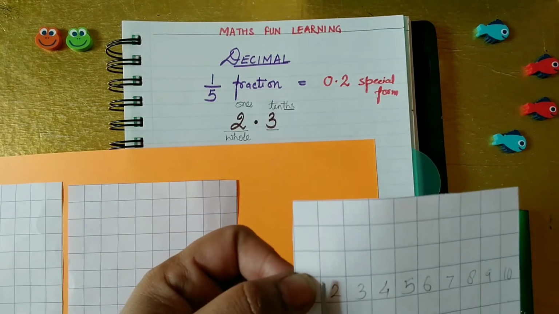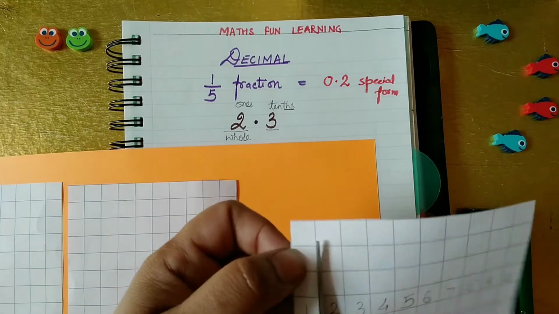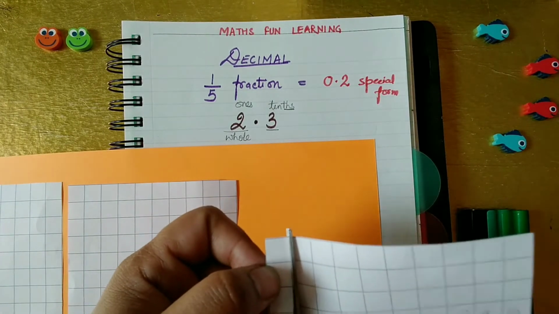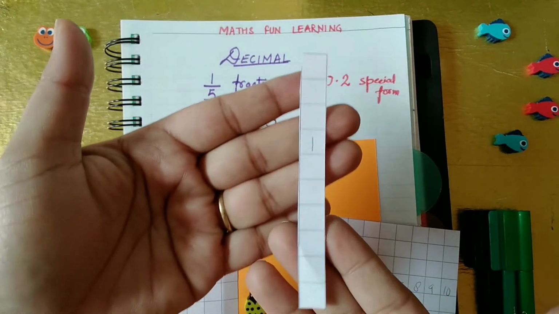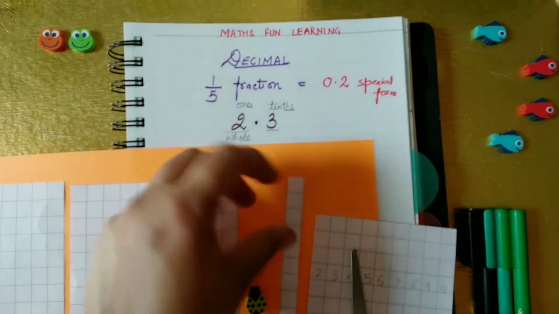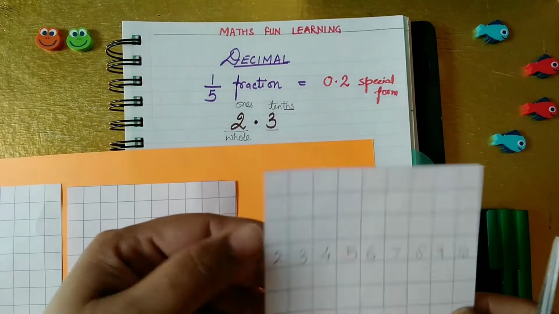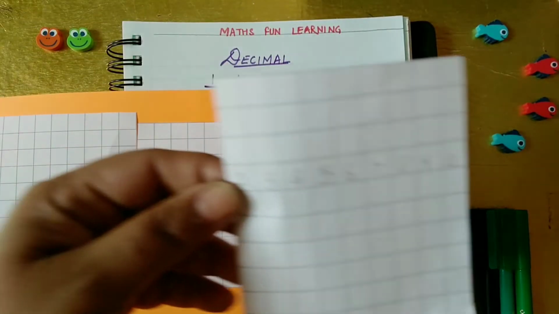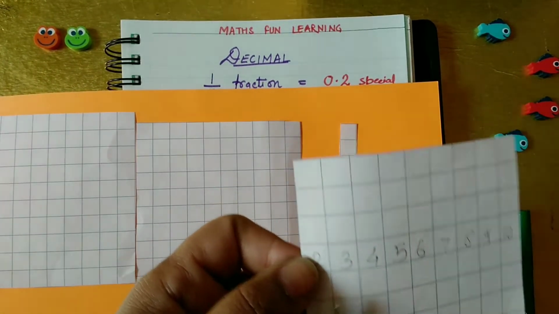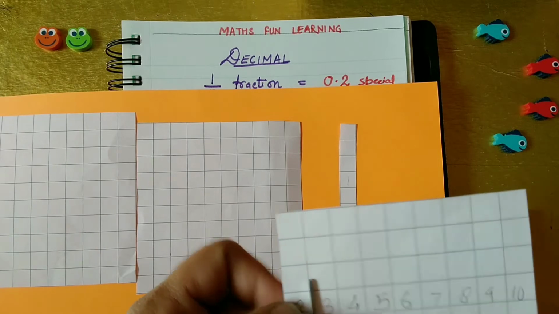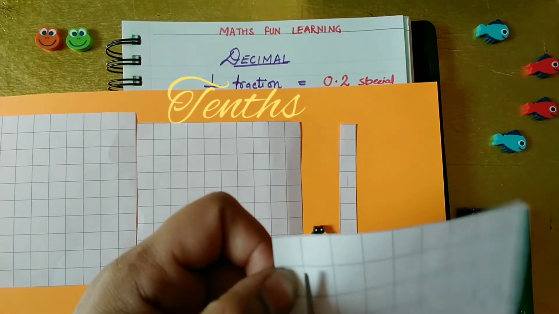This is just after the decimal. We cut our whole parts first in a longitudinal or rod form. This is my one rod. Again, 2 rods. Out of 10, we used only 3.